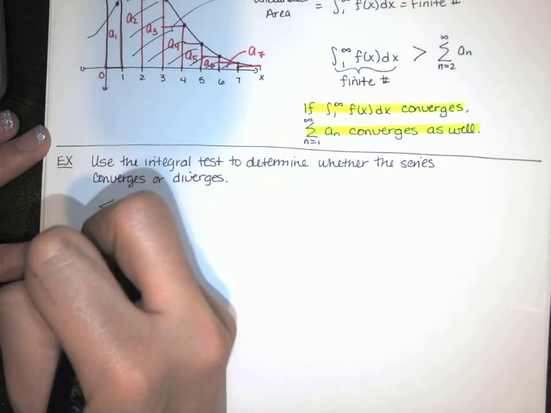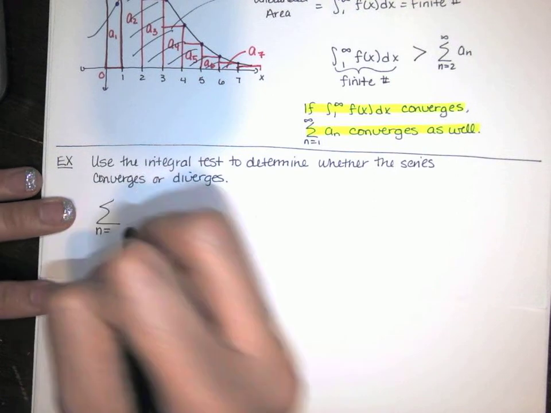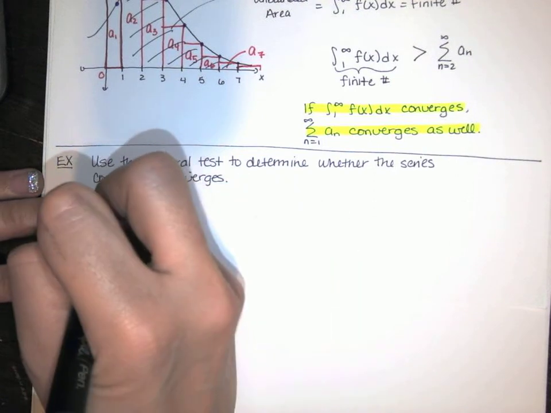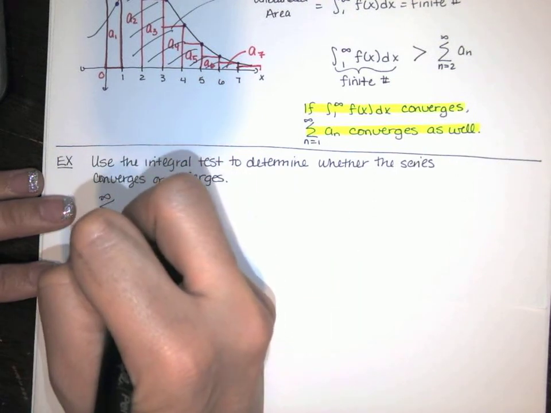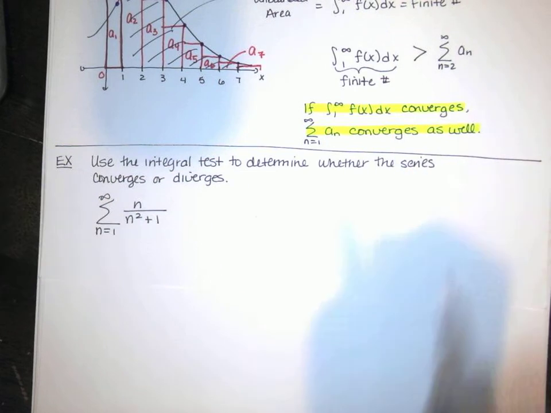The sum as n goes from, let's say, 1 to infinity of n over n squared plus 1.